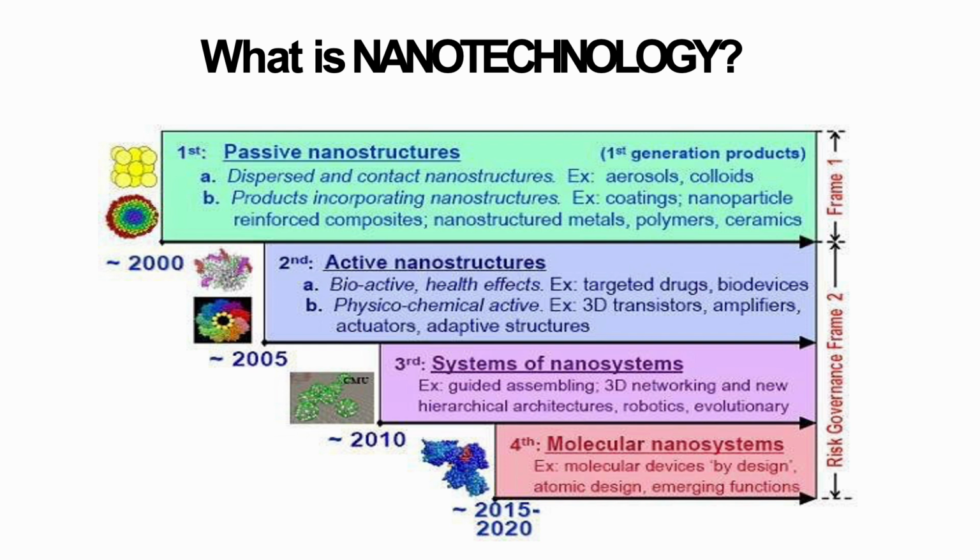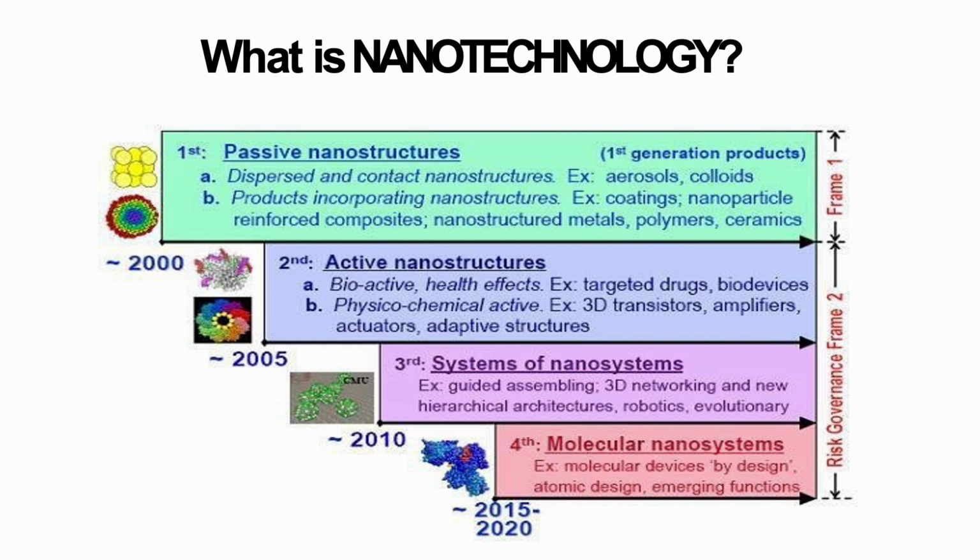Then we also talked about physicochemical, chemically active nanostructures like 3D transistors, amplifiers, actuators, or adaptive structures. So these are all structures we started, for example, as you can see at the left of the rectangle in, I would say, blue. Second, you see that, for example, we were able to produce prototypes of very small molecules.